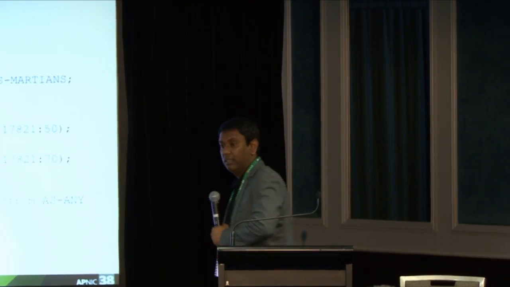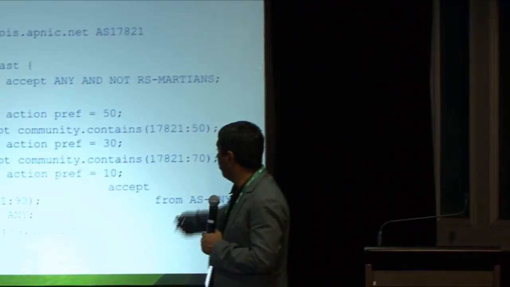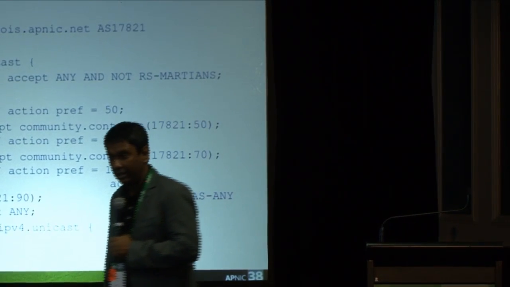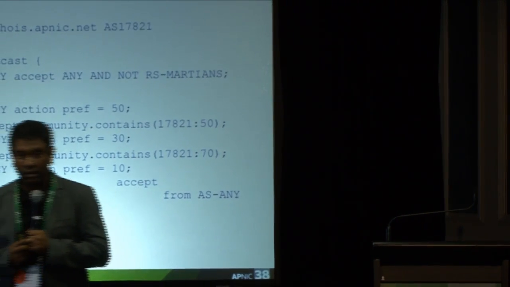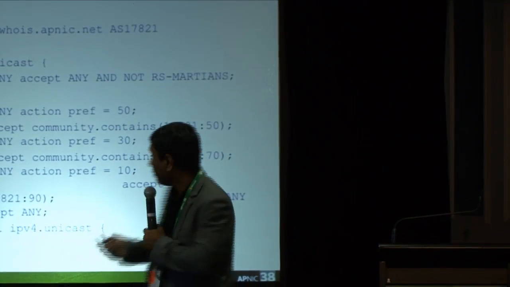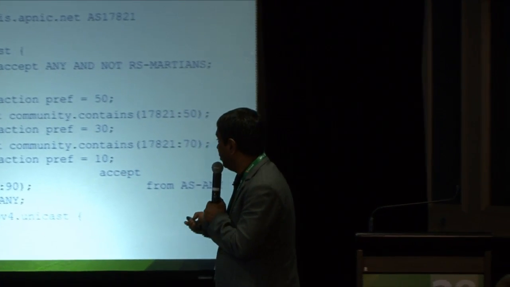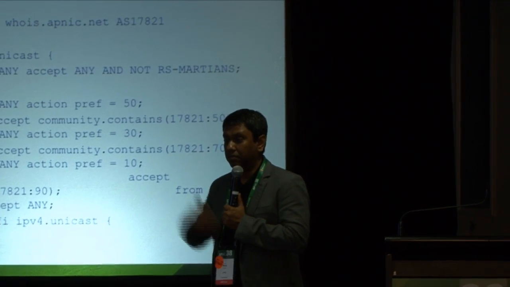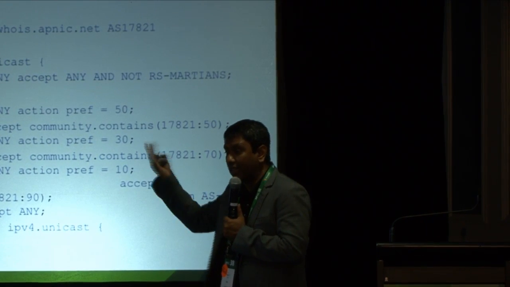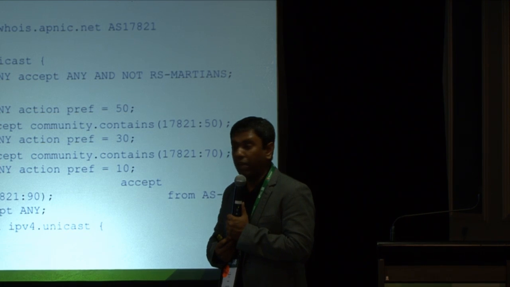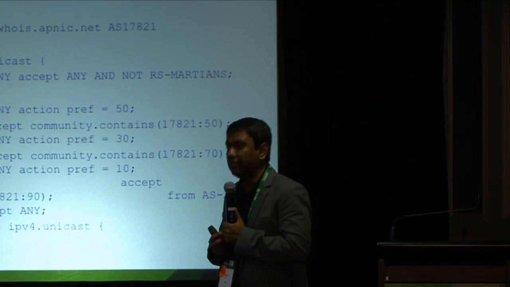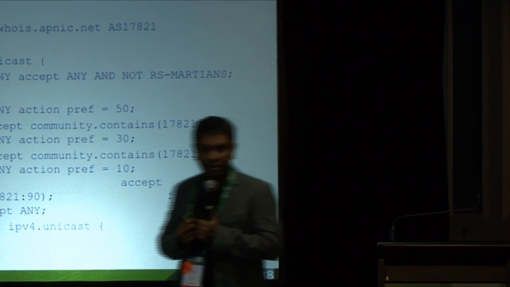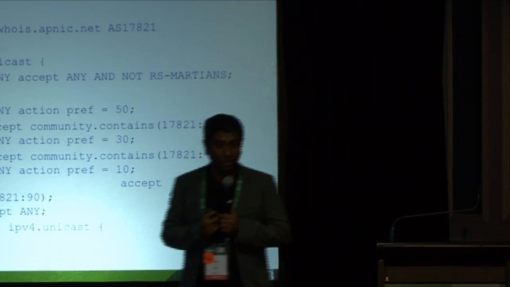So if your router is listening to RADB, then your whois server name will be whois.radb.net. If your router is listening to the APNIC whois server, then it has to be whois.apnic.net. If your routers are listening to any other routing registry, you need to know the FQDN of that registry's whois server. Most likely it is whois dot their domain name, but you need to check.